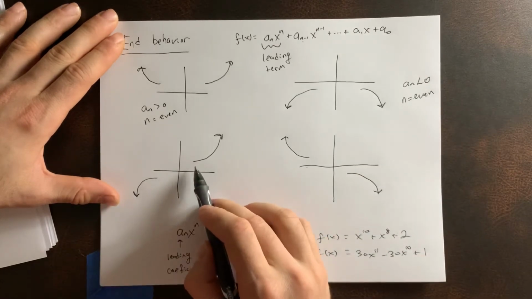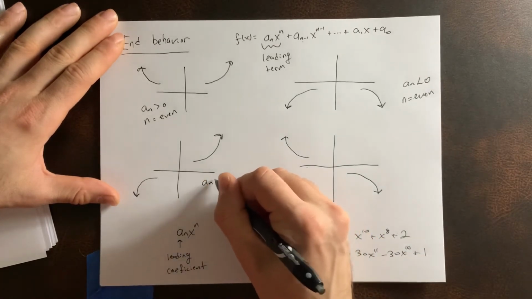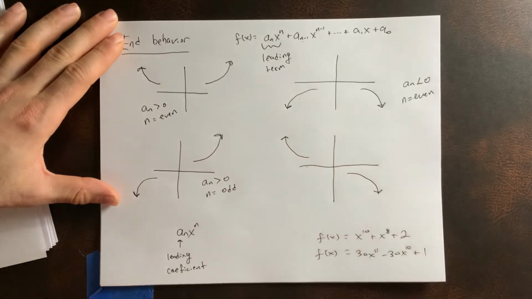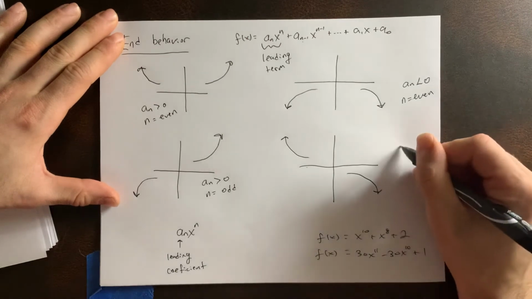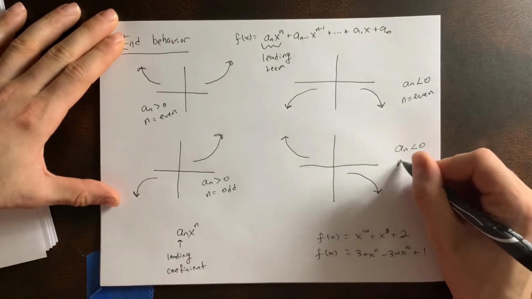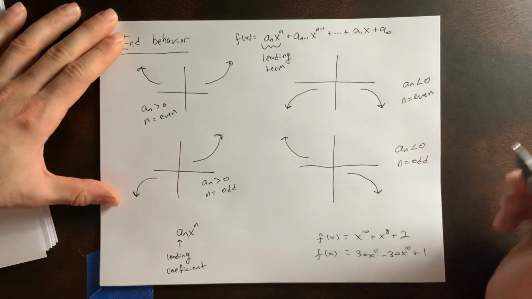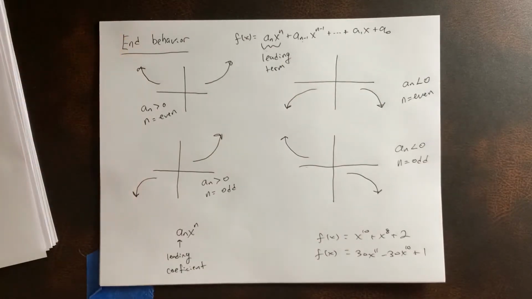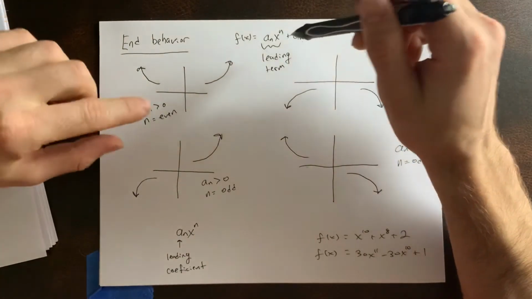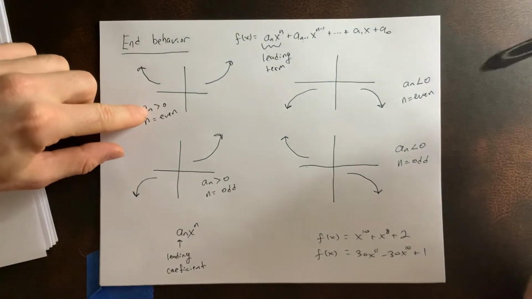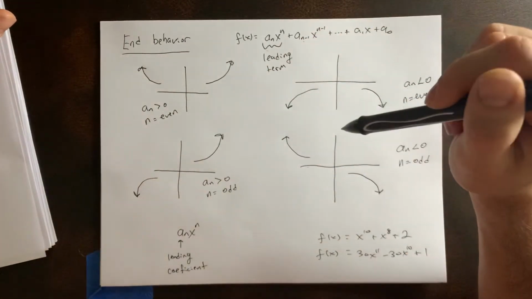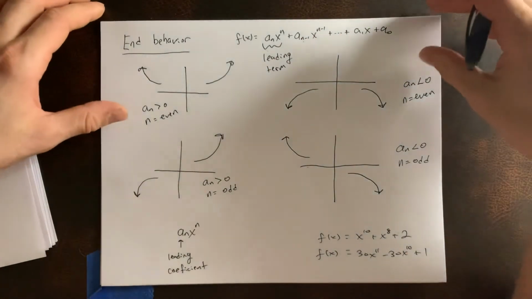For this one, the leading coefficient is positive but n has to be odd. And for this one, the leading coefficient is negative and n is also odd. So depending on the leading term, whichever condition it satisfies is what dictates our end behavior.